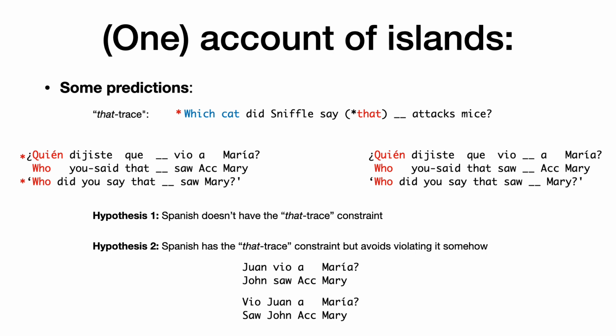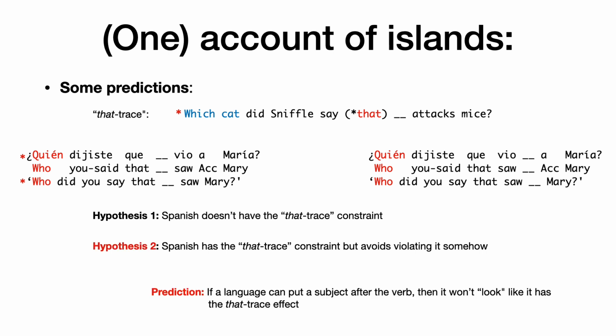So this is the explanation, right? One of the explanations that people have proposed is that if you have a language like Spanish where subjects are allowed to move around, then it's always possible to move the subject from a position that would not yield that trace violation, right? That's a representation that you can assign to that string of words that's compatible with the universal law that says don't put the word that and a trace together, and with the language-specific details about where subjects might or might not go.